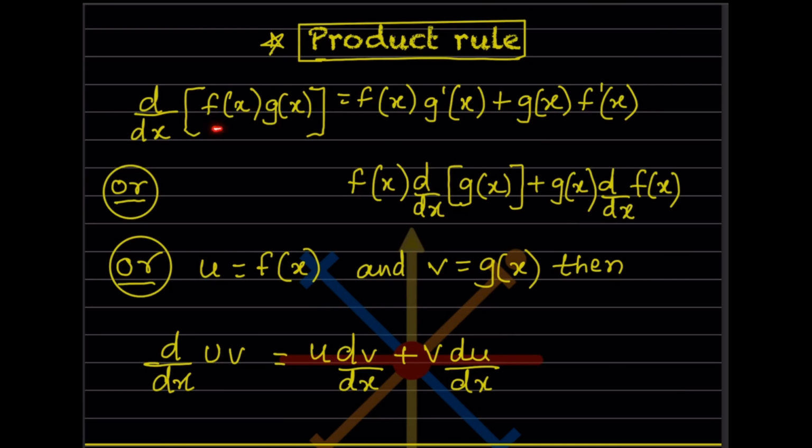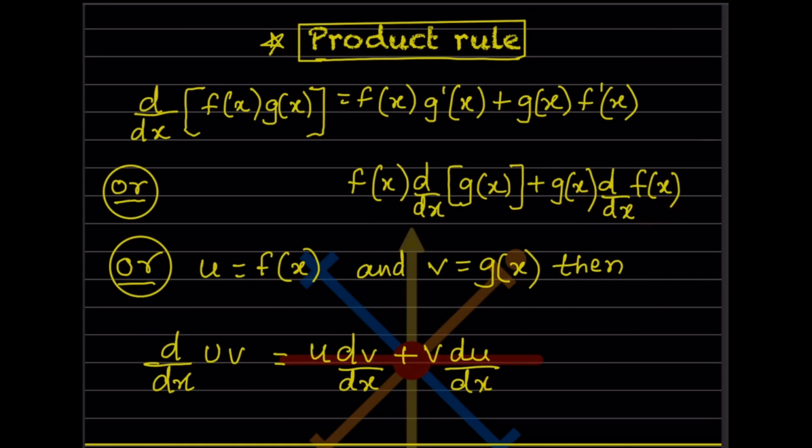We can consider this f of x as u and g of x as v. So u as f of x and v as this one. So what will be here? d by dx of uv. That will be u into derivative of v, so d by dx of v, plus v into d by dx of f of x, and f of x is u.